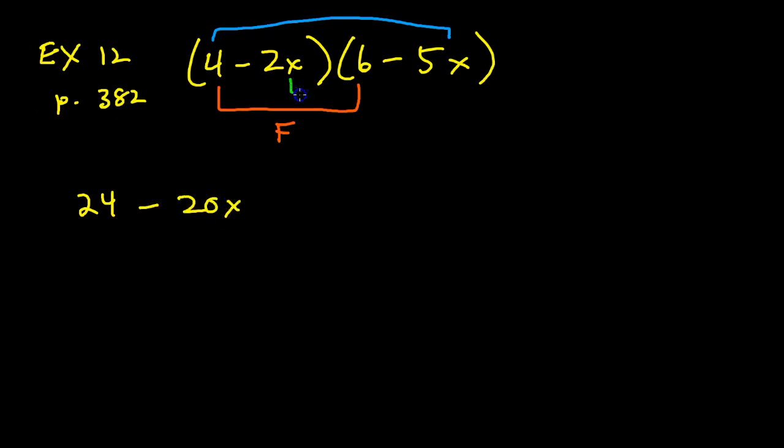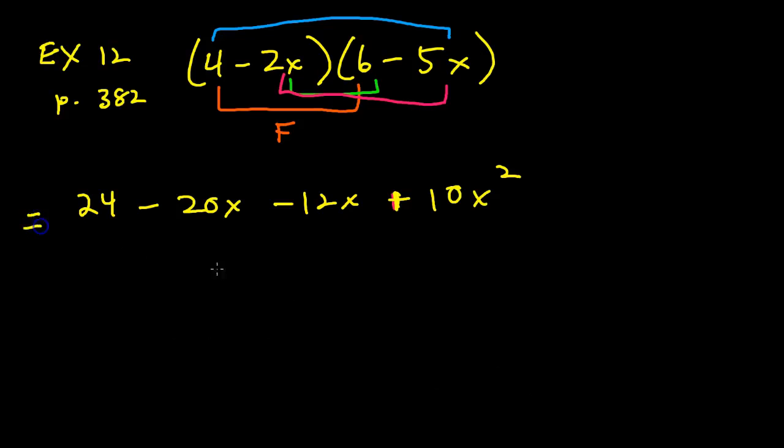Inner product is going to be minus 12x. And the last product is going to be positive 10x squared. All right, first, outers, inners, last.